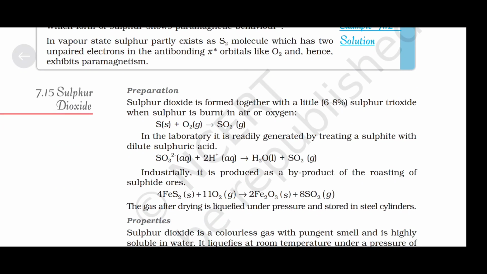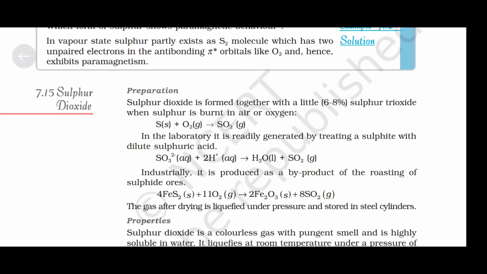Sulfur dioxide. Preparation. Sulfur dioxide is formed together with a little 6 to 8% sulfur trioxide when sulfur is burnt in air or oxygen. So sulfur reacts with oxygen to give sulfur dioxide. In laboratory, it is readily generated by treating a sulfite with dilute sulfuric acid.